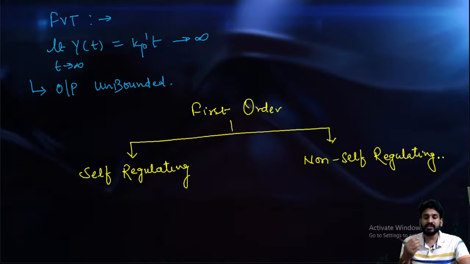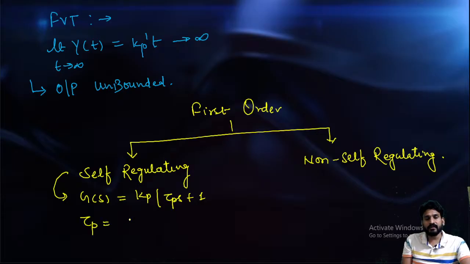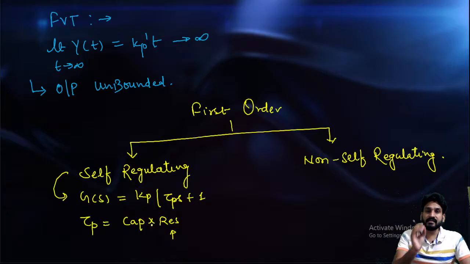Self-regulating means those systems which can regulate themselves, which have the ability to regain their steady state again on their own. The self-regulating system transfer function is G(s) = Kp divided by tau ps plus 1, where tau p is defined as capacitance into resistance. So this self-regulating system has the resistance term itself, and this resistance term is responsible for the self-regulation.